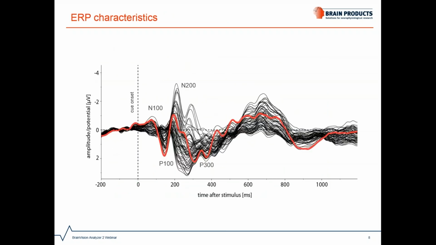Now that we roughly know why we see such a nice waveform in the end, after we average dozens of trials, let me show you a little bit more. In this butterfly plot, every time course reflects the ERP of an individual scalp channel. ERP components are reproducible positive or negative deflections from the baseline, often called N100, N200, or P300. The letter refers to polarity and the numbers refer to rough latency.